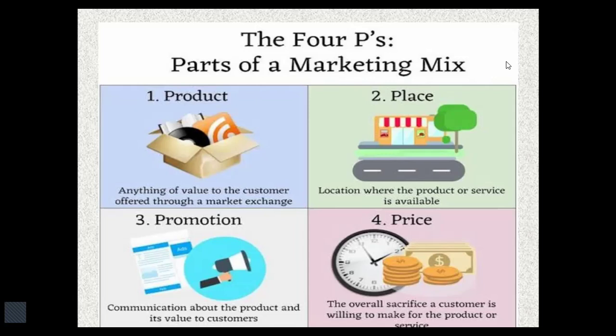So we have different kinds of promotion activities: sales promotion, advertising, public relations, and publicity, as well as free word-of-mouth promotion. But every promotion strategy is selected based on the type of commodity.